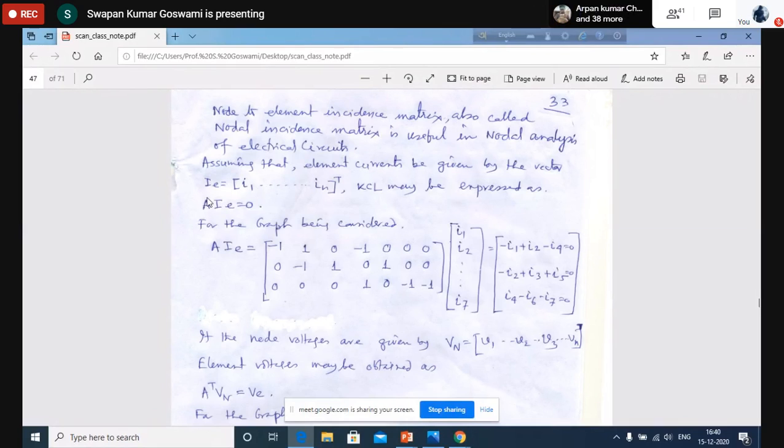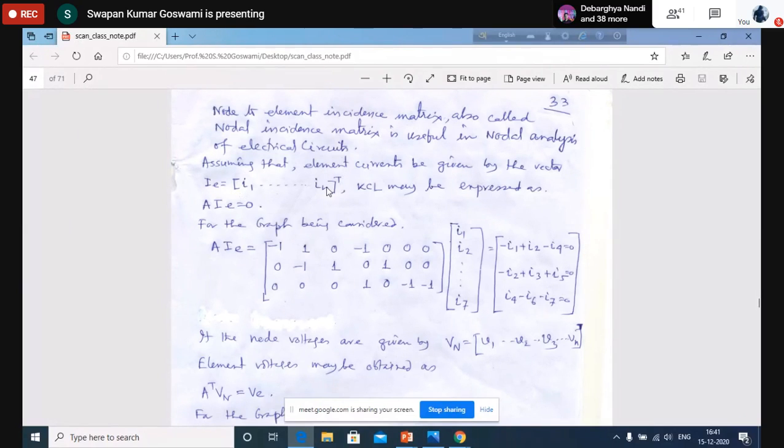So let us assume that our network has n elements, and the current in each element is entered in this vector IE. So IE is basically the transpose of I1 to In, because this is a column vector.